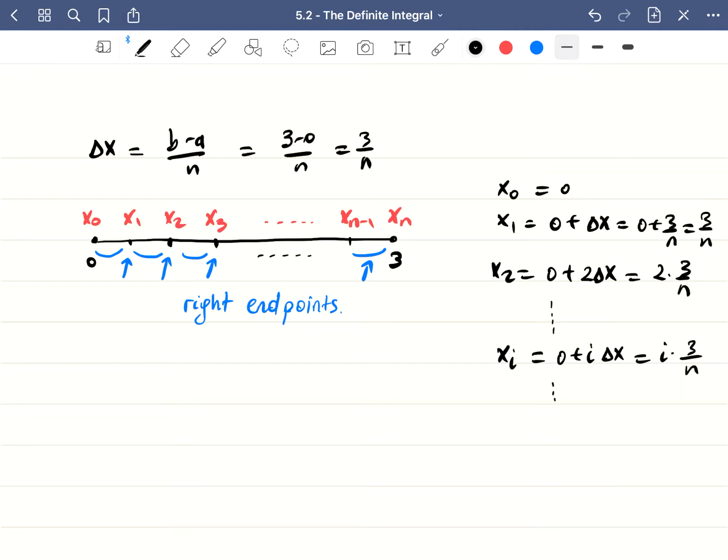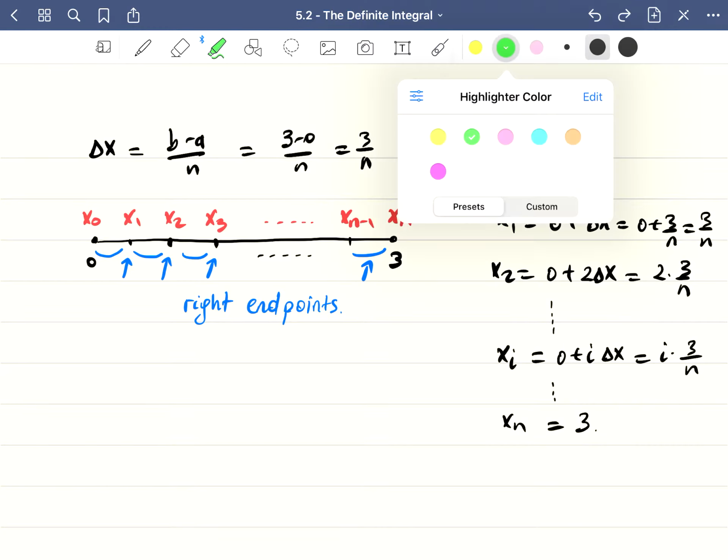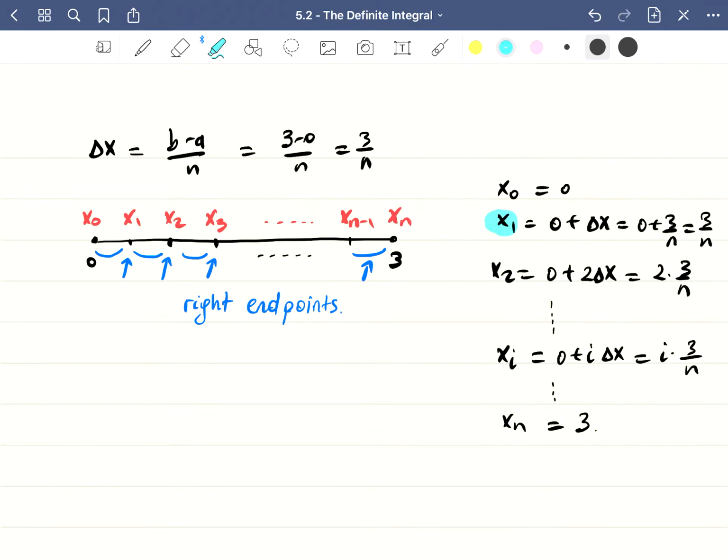And the very last one, xn, is equal to 3. These are the right endpoints, so maybe I should highlight them with blue.